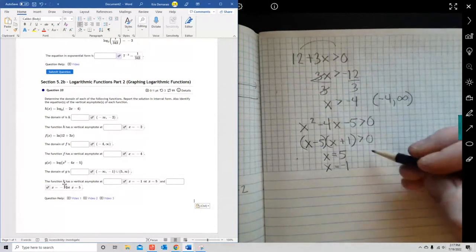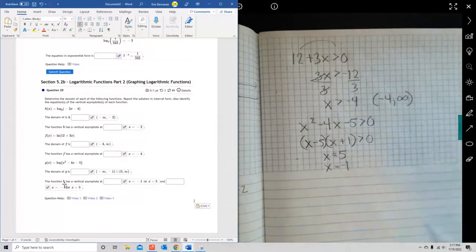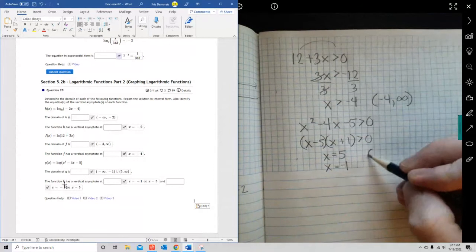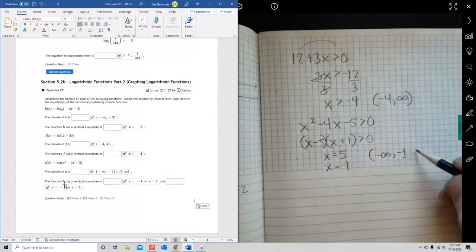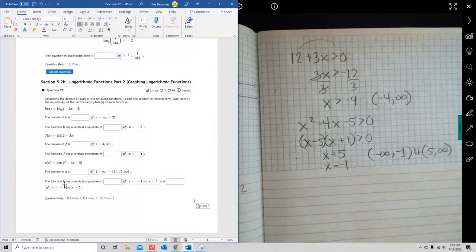Because this is a logarithmic function, we have to be careful with the sign, and what we end up with is x less than negative 1 and also x greater than 5.